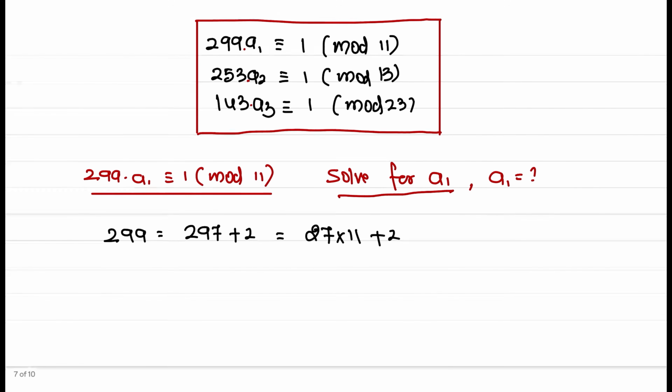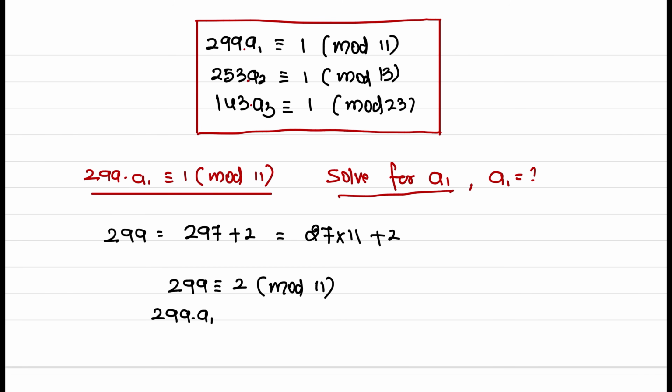That means when 299 is divided by 11, there will be a remainder of 2. That means 299 is equivalent to 2 mod 11. And we have another equation, 299 into A1 equivalent to 1 mod 11.